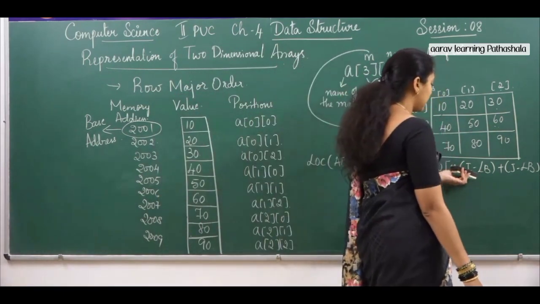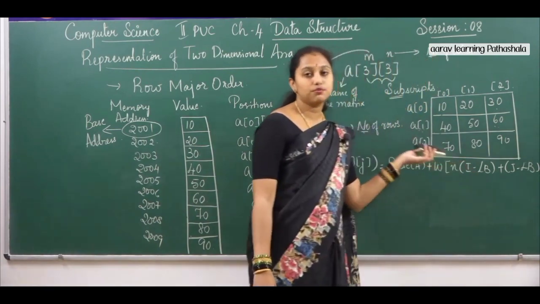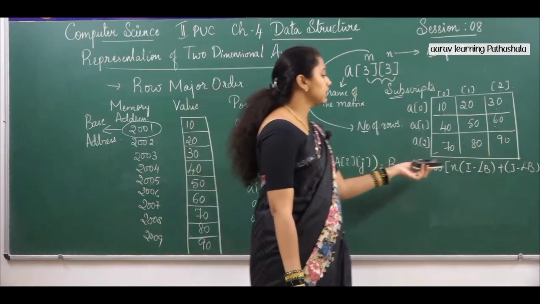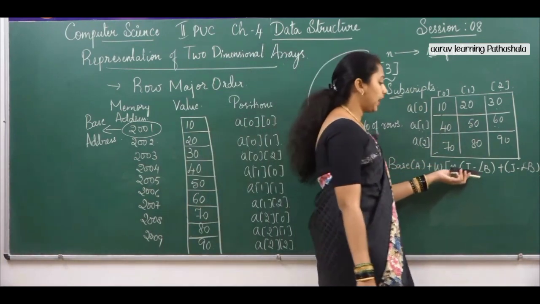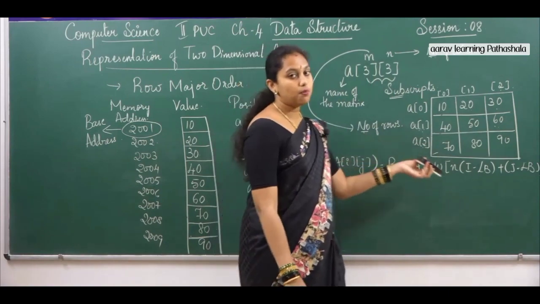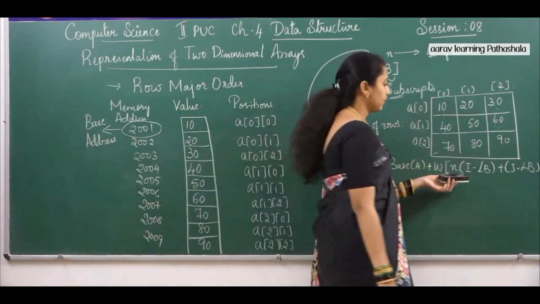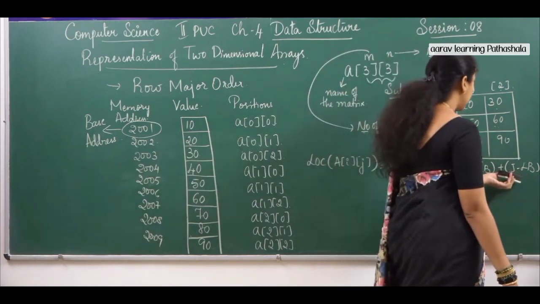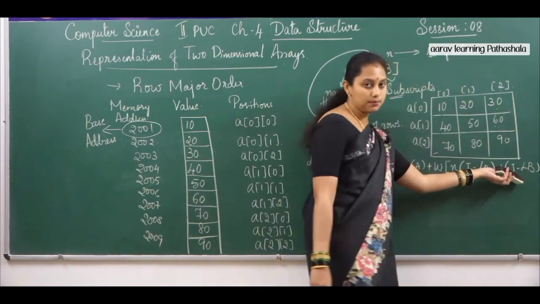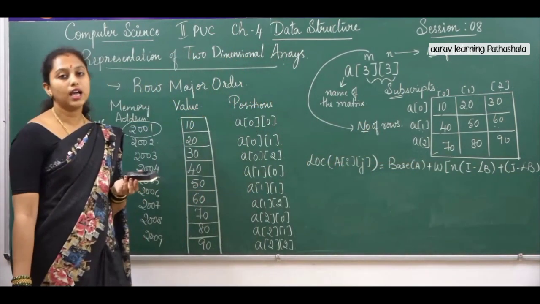And I represents the row subscript to which we want to find the address, and LB is the lower bound subscript. What is the lower bound subscript? The lower bound subscript is 0. Next, J. J is nothing but the column subscript to which we have to find the memory address.